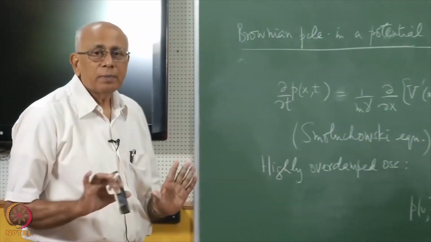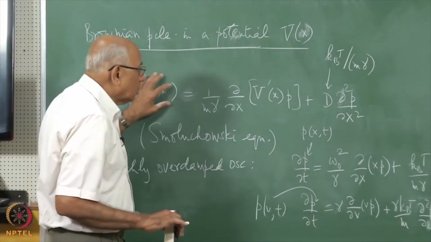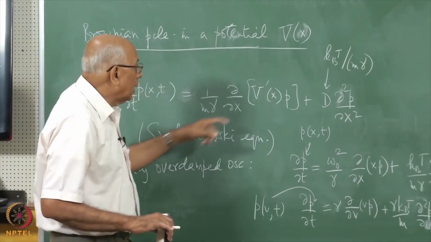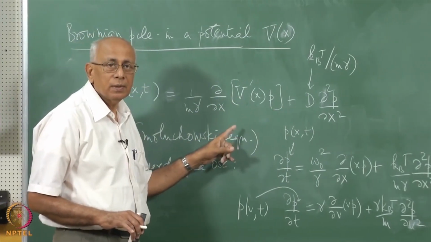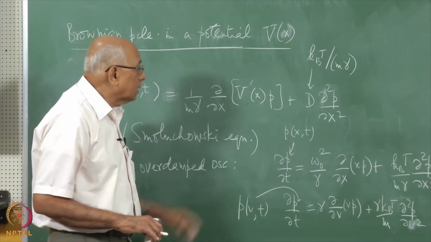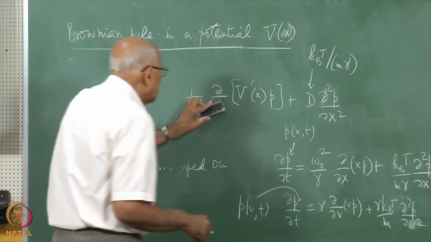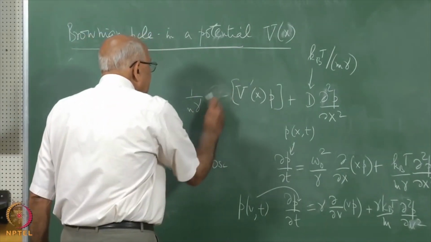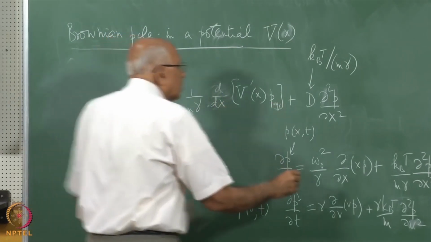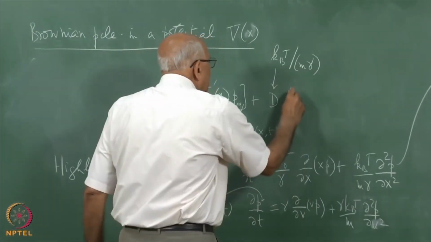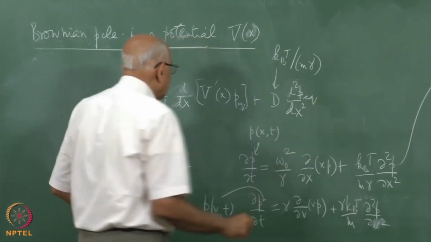In the general case, there is no guarantee as yet, because you would have to set this equal to 0 and then ask whether this ordinary differential equation has a solution or not. Suppose it has a solution, what would that look like? So, this becomes d over dx of p equilibrium, this becomes d2p over dx2 equilibrium.